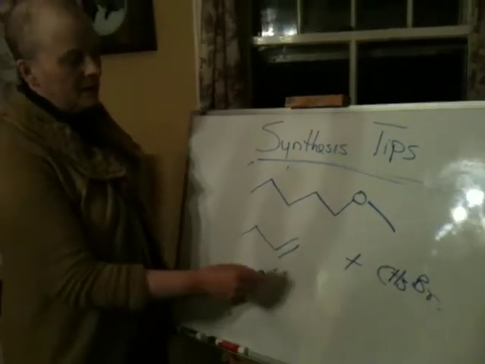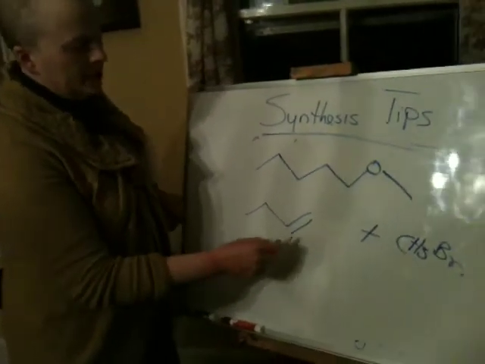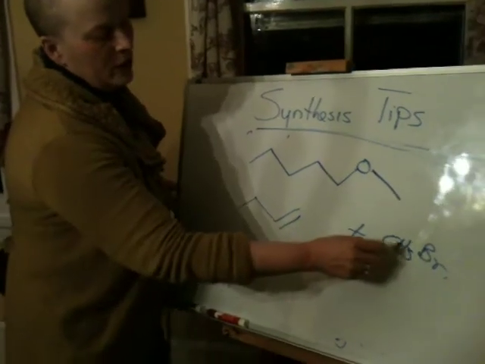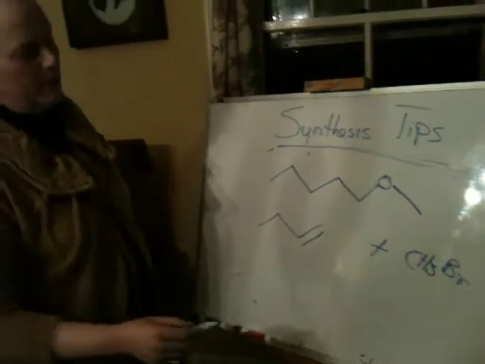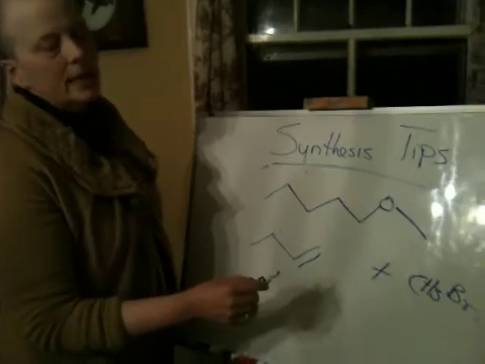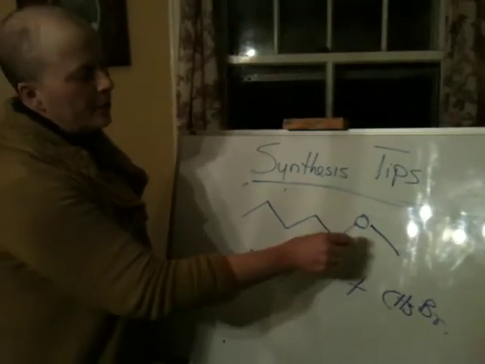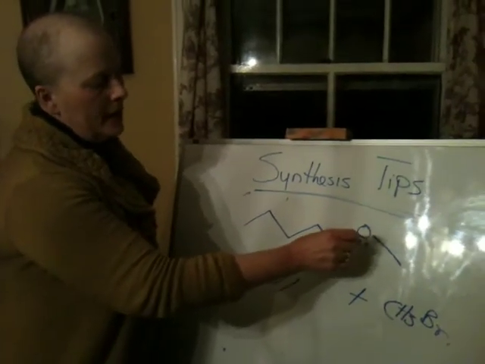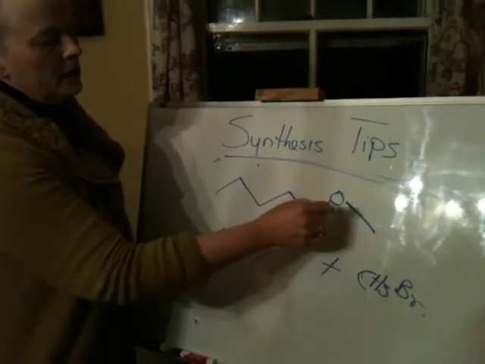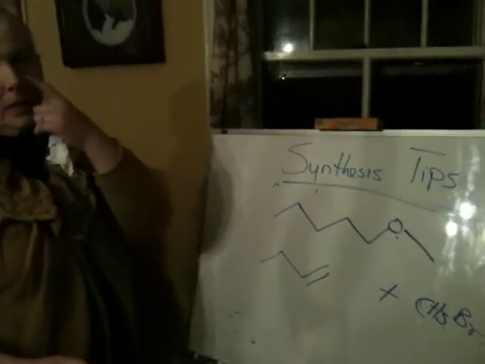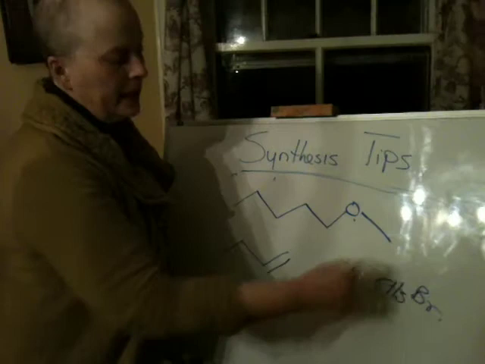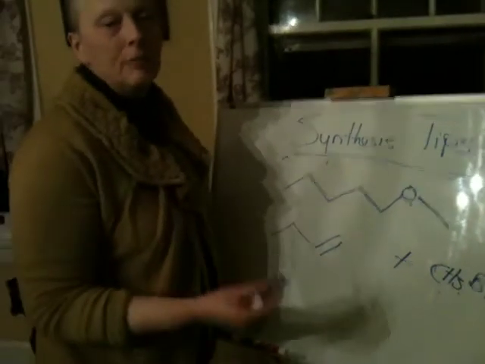But if I had something like this, what I would consider doing is trying to do some kind of substitution on this methyl bromide. It could also be done the reverse way. The reason I know it's a substitution is I'm going from something that's completely sp3 hybridized, to something else that's completely sp3 hybridized. That means I have to substitute something for that bromine and keep that methyl intact. It has to be a substitution.